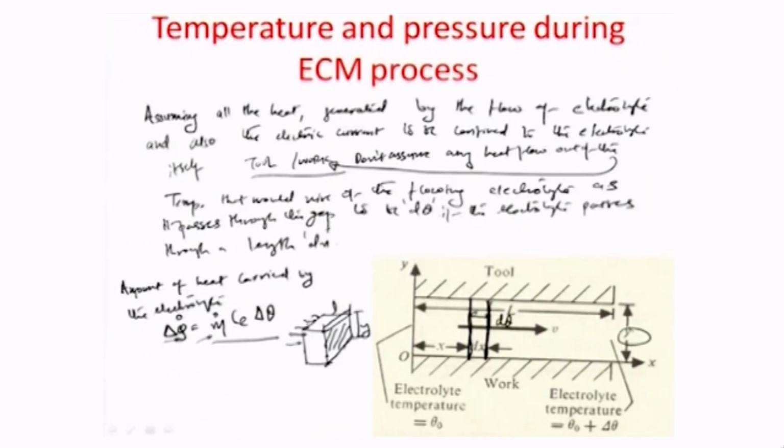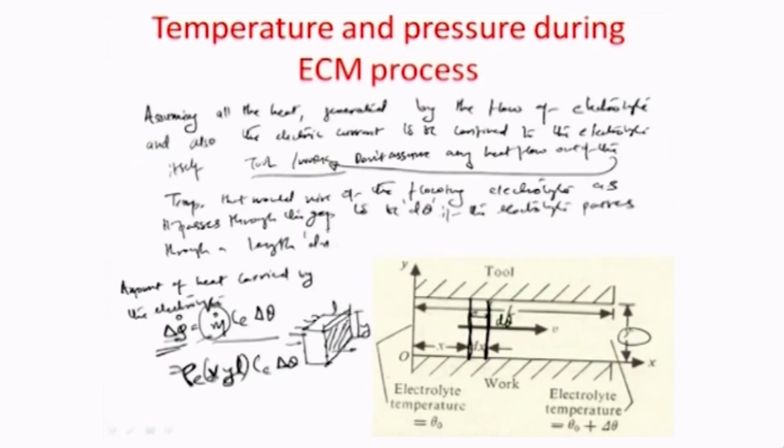So, we can easily say what m dot would be by looking at the density and the velocity with which it is flowing times y L, as y L is the cross sectional area, v is the velocity of flow in this direction, which means velocity times area is the volume flow rate times the density of the electrolyte rho e, makes it mass flow rate times C delta theta.